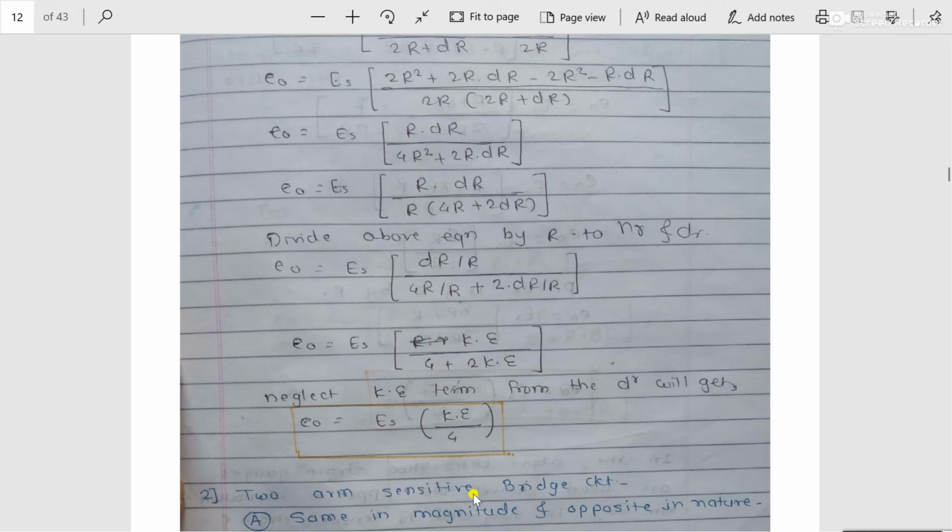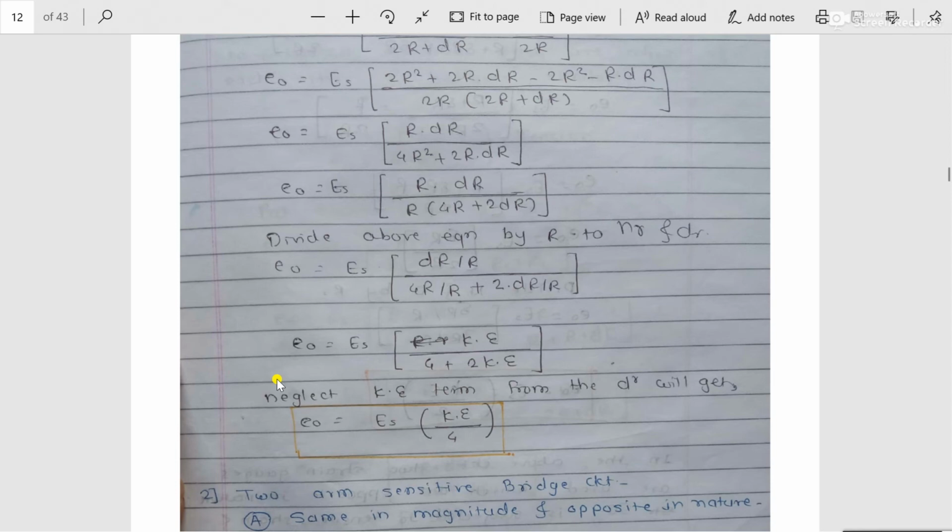So this is the output of the Wheatstone bridge circuit, and we have to follow the same procedure for the 2 arm sensitive bridge circuit and the 4 arm sensitive bridge circuit. After all the derivations, we have to compare the output of the single arm, 2 arm and 4 arm sensitive bridge circuits, and from that comparison we have to check which bridge circuit is more sensitive: either the single arm, the 2 arm or the 4 arm sensitive bridge circuit.